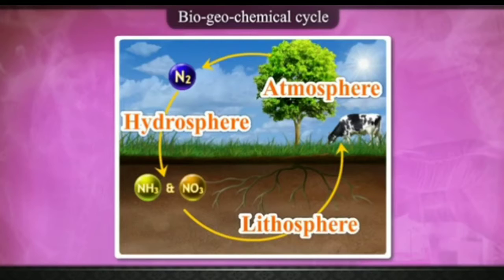The recycling of biological, geological and chemical sources of nutrients in this process is a complex process, and it depends upon the level of energy which is transferred in an ecosystem.